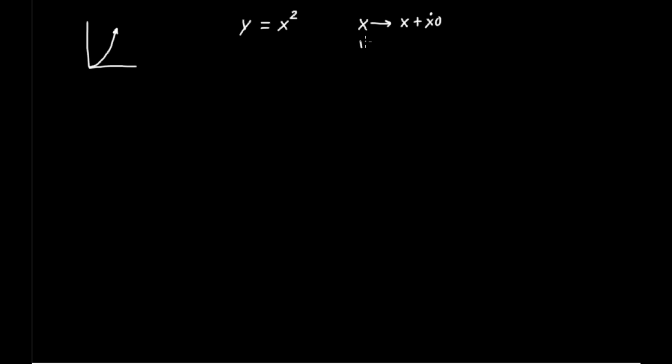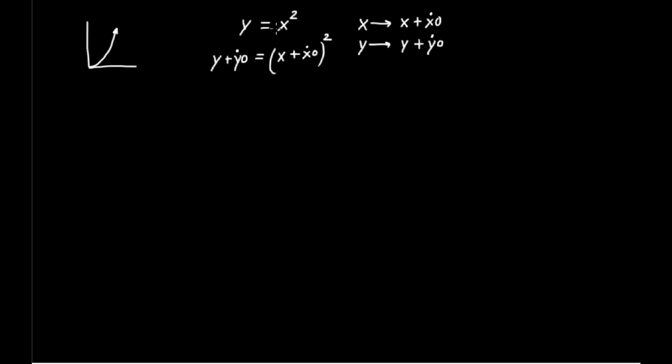And then I transform y into y plus y dot O. In other words, I'm going to substitute x plus x dot O in for x, and I'm going to substitute y plus y dot O in for y in this equation. So let's do precisely that. I substitute y plus y dot O. That's still going to be equal to x plus x dot O all squared.